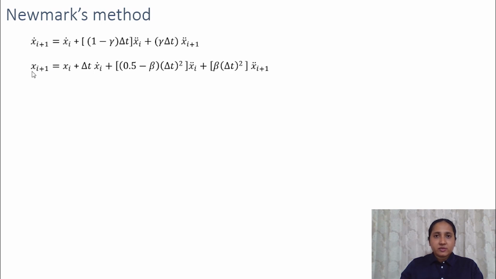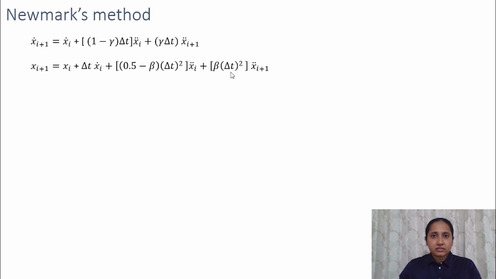So the displacement at time instant i plus 1 can be approximated in terms of the displacement at i, the velocity at i, and the acceleration at i and i plus 1. Again, this depends upon another parameter, beta.